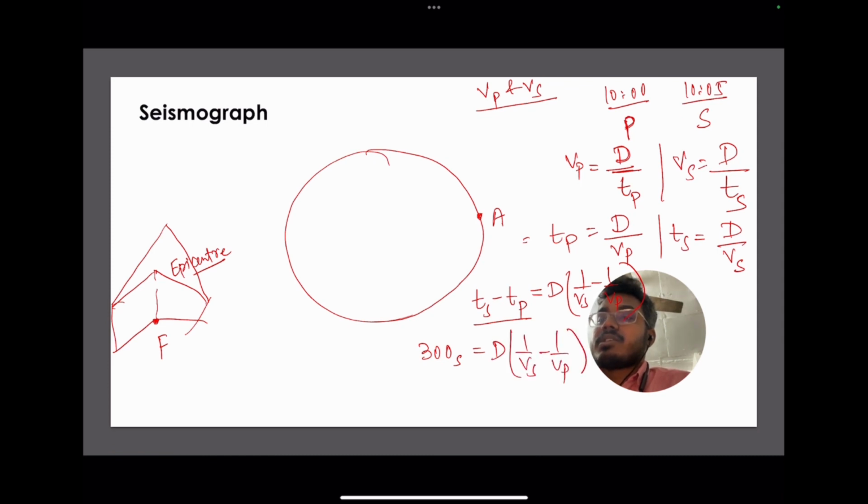Now we can easily calculate this d. Suppose this whole term is 2 kilometer per second. So d will be 150 kilometer.